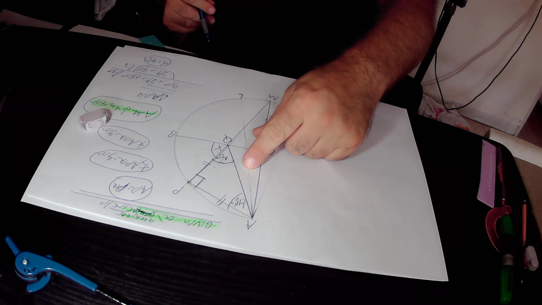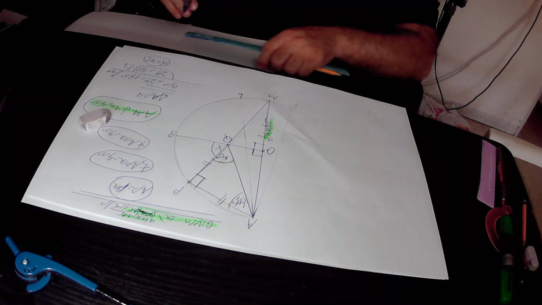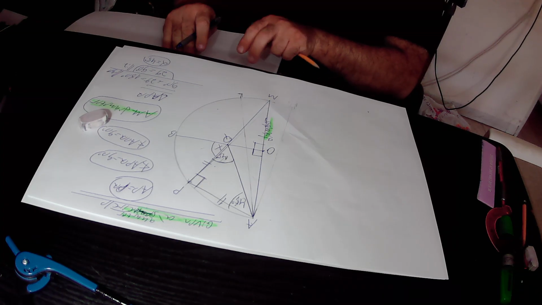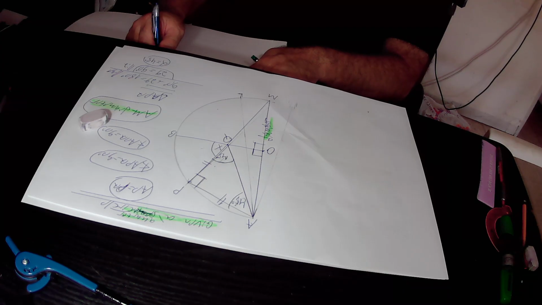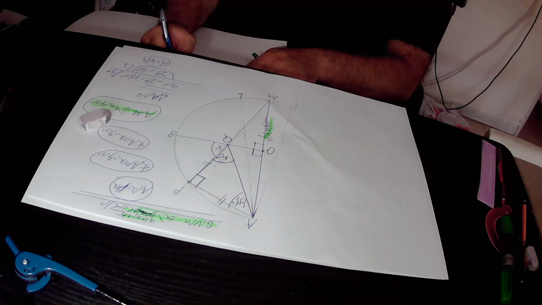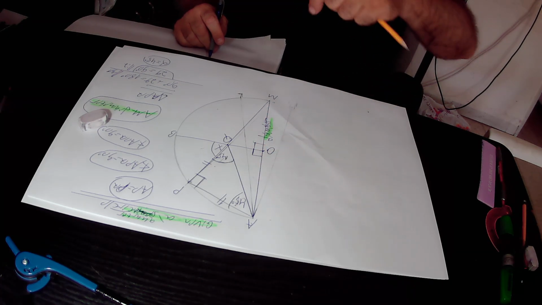So why can those two right triangles go into each other?